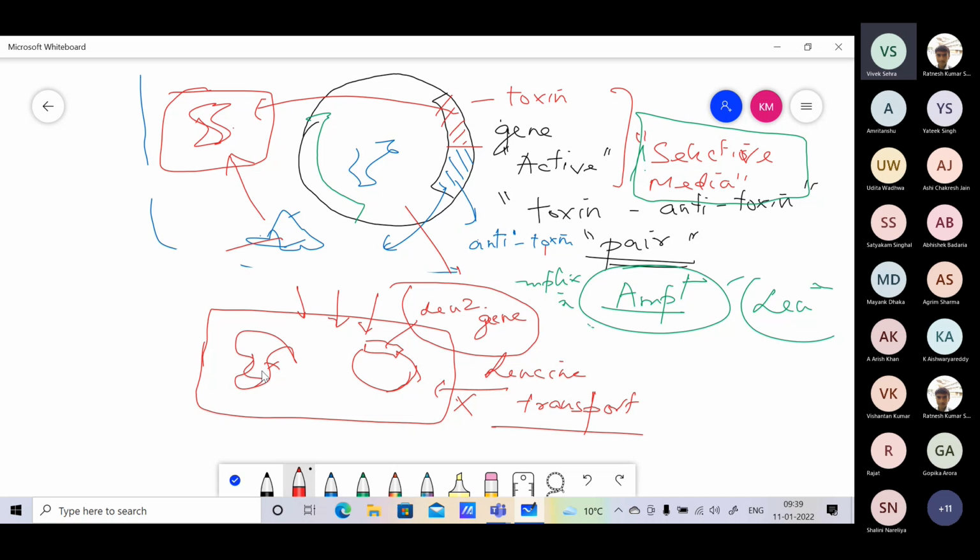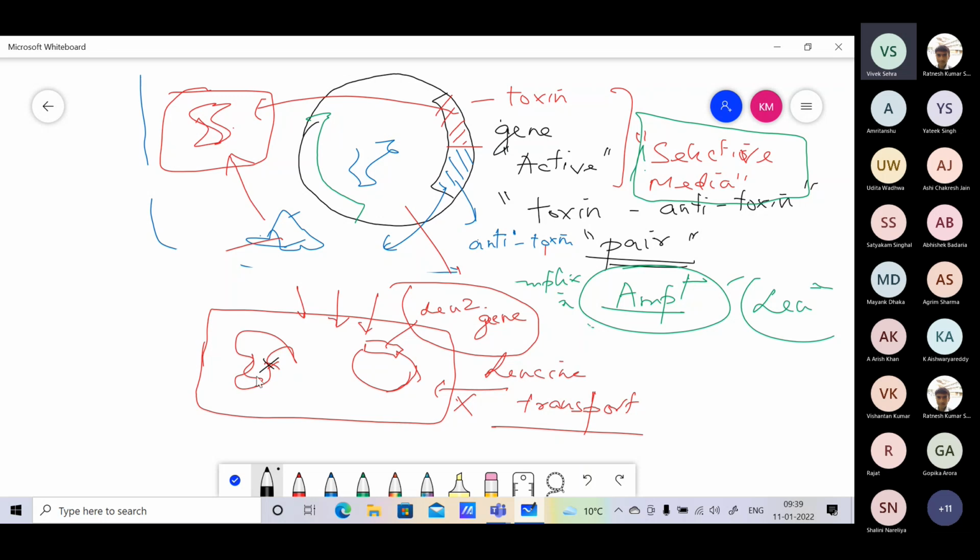Now, can you tell me why such strategies are not very easy to implement? Can you think? I want you people to think. We have to cut out the gene. That is not easy. No. Suppose we cut out the gene. Just think about it. What have we done?